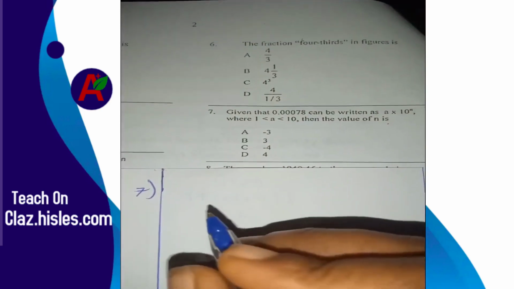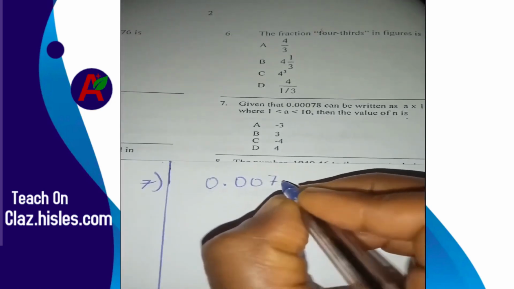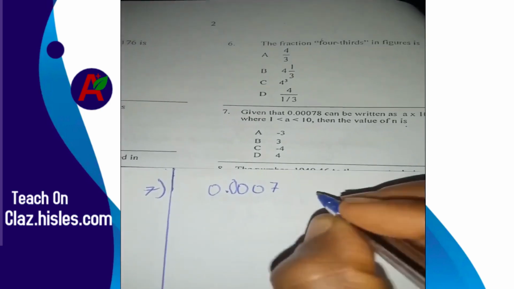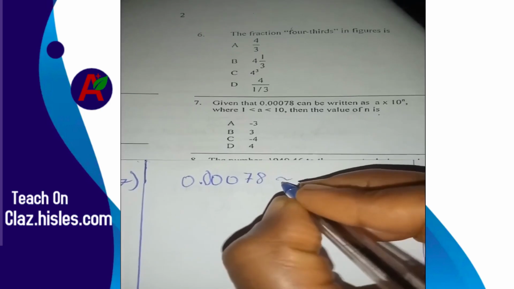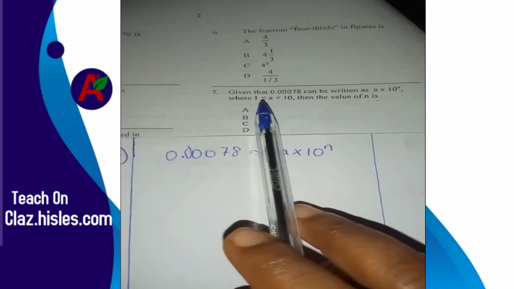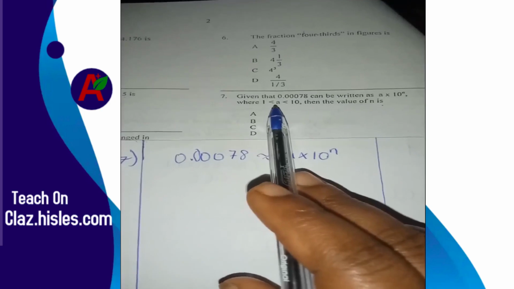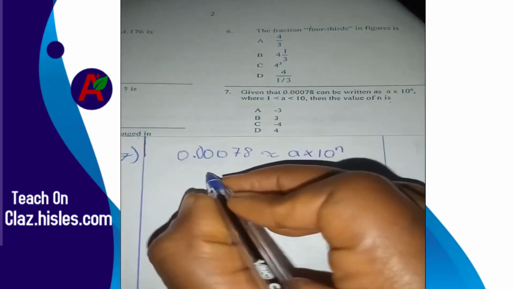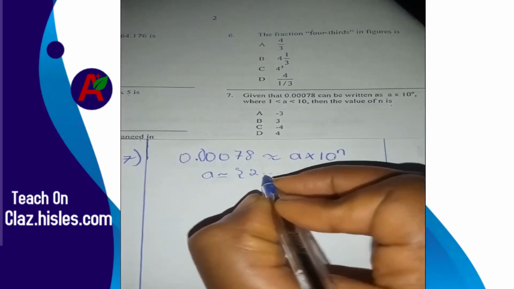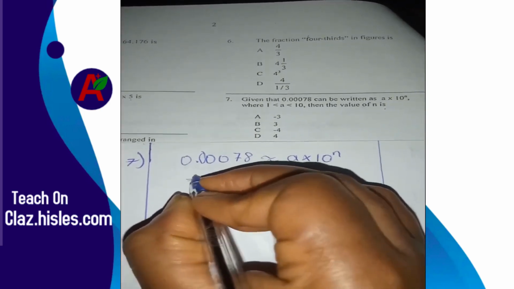So given that 0.00078, 3 zeros, can be written as A times 10 to the n. Not forgetting that 1 is less than A and A is less than 10. So this is from the range 2 to 9. So our A is in the range from 2 to 9. This is the range of our A.